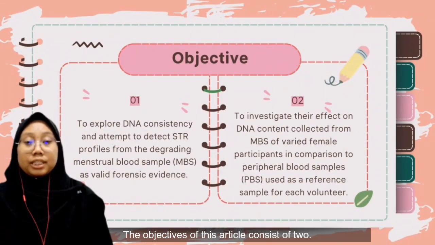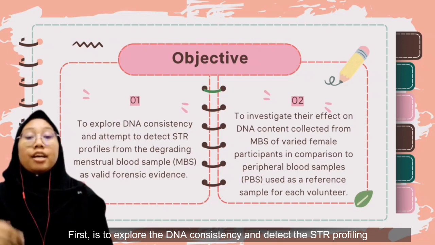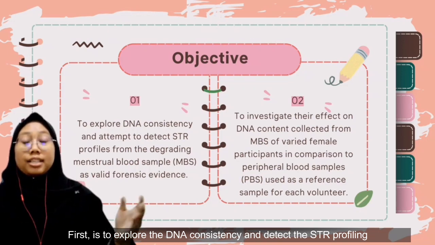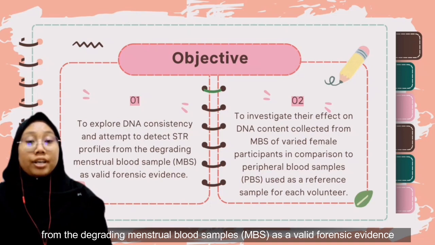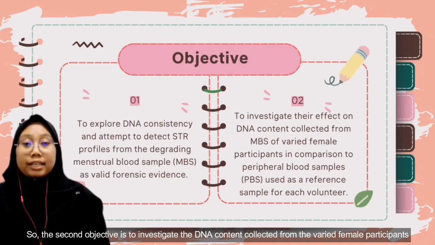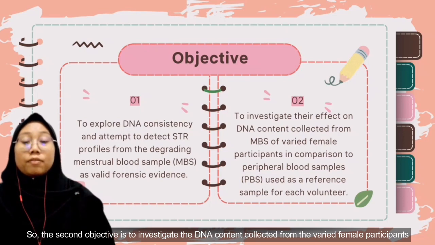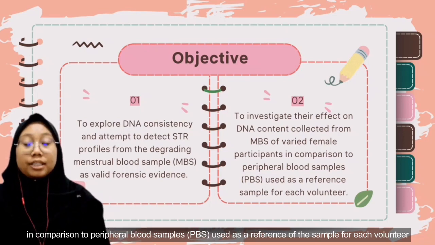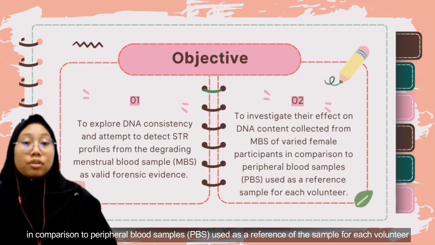The objective of this article consists of two. First is to explore the DNA consistency and detect the STR profiling from the degrading menstrual blood sample (MBS) as a valid forensic evidence. The second objective is to investigate the DNA content collected from the female participants in comparison to the peripheral blood sample (PBS), used as a reference sample for each volunteer.